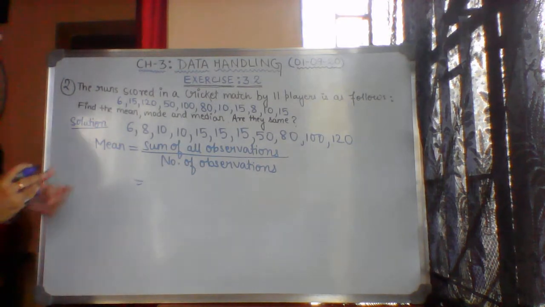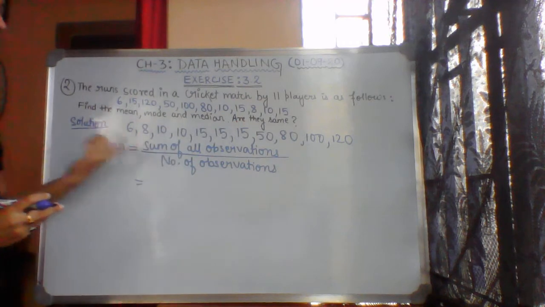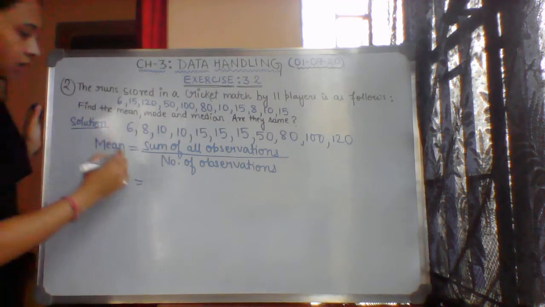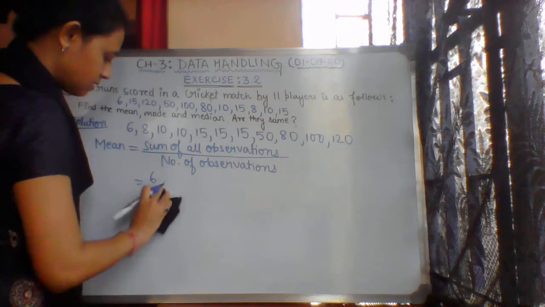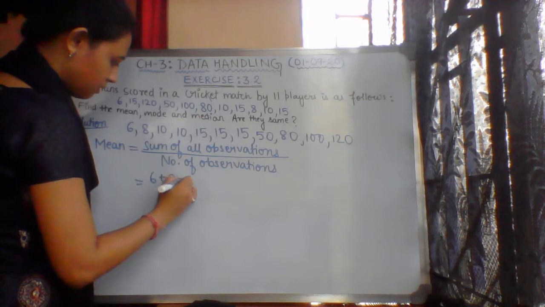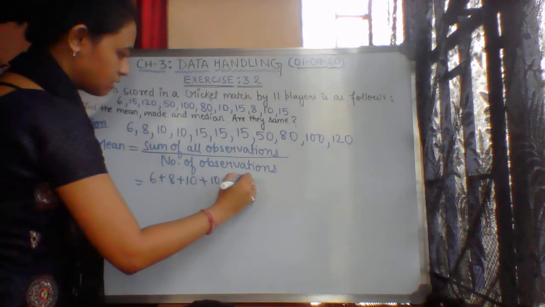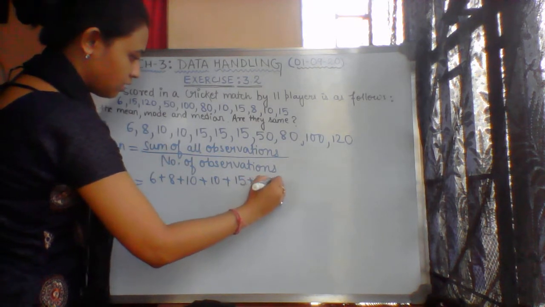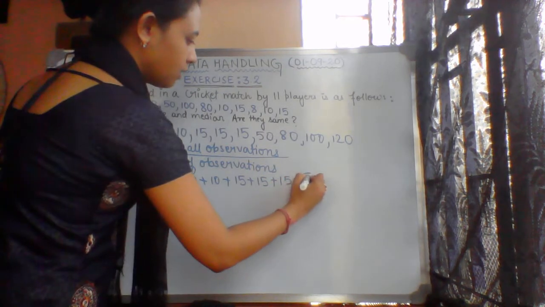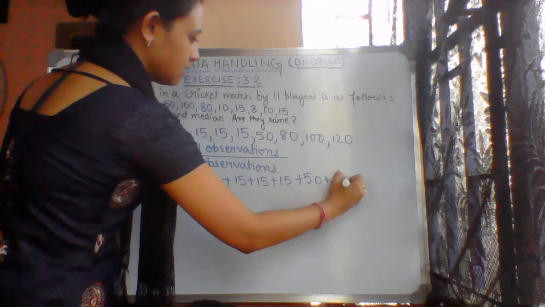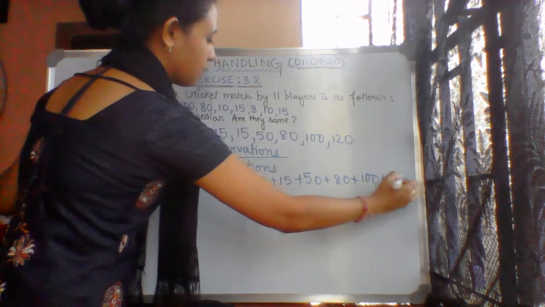So what are those observations? Here there are 11 players, so there are 11 observations. First player 6 plus 8 plus 10. All these observations we have to add up: 10 plus 15 plus 15 plus 15 plus 50 plus 80 plus 100 plus 120.